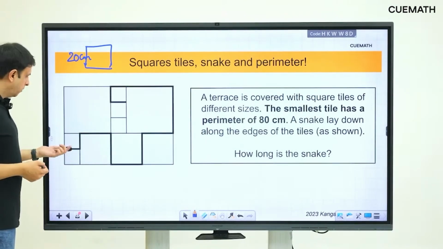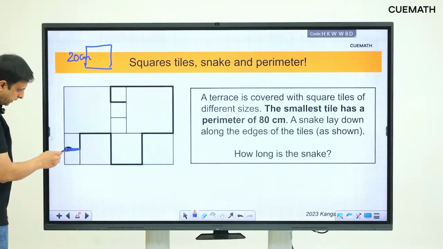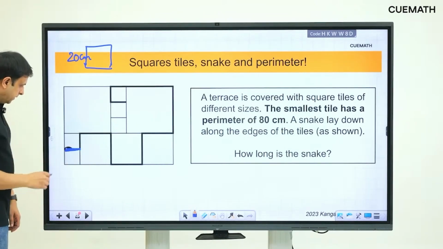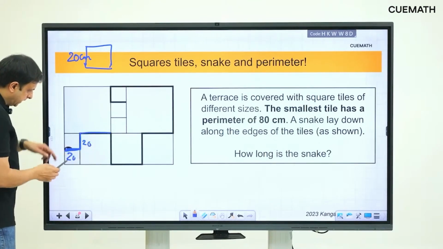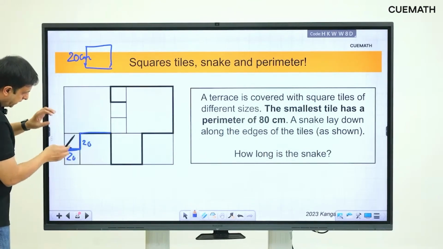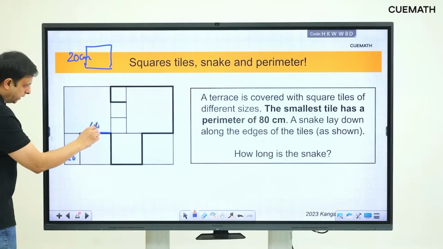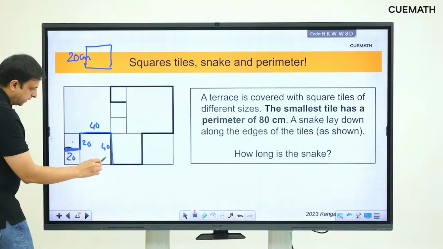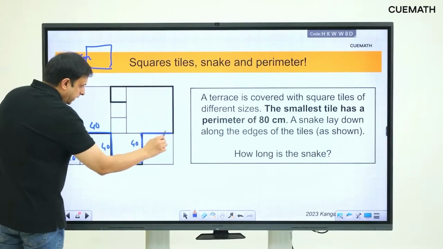Now we can figure out the length of each segment of the snake. So this one here is 20, this is 20, and now this edge is actually two 20s put together because this square is actually the double of this square. So this one will be 40, this one will be 40, and then this one is also 40, 40, 40.